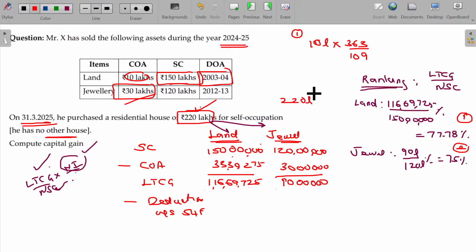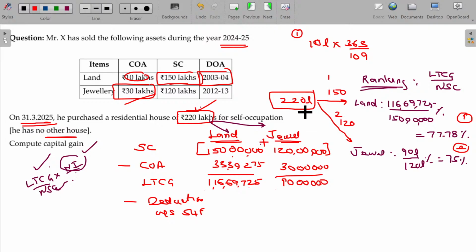What is the overall deduction you can claim? 220 lakhs. In that, how much can you claim to the extent of overall sale consideration? 150 plus 120, 270. Though it is 270, for the land purpose 150, and balance jewelry 120. As per the ranking, first you claim for this, second for this.